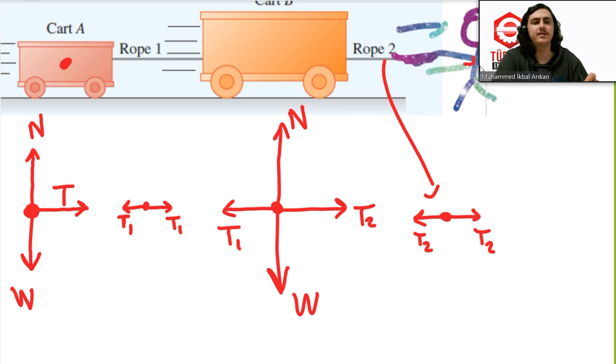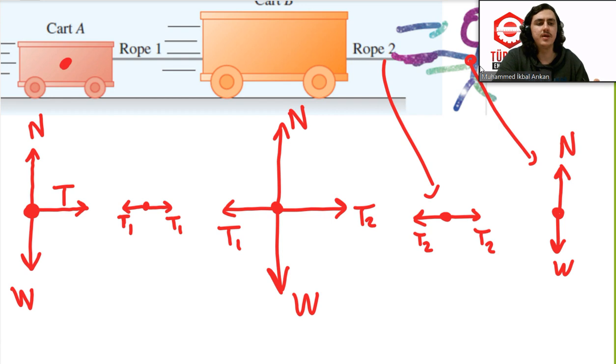And for this guy, I put another point here. He will have weight, and here we have the normal force, and this guy will be pulled by the rope in this direction, right? Tension.